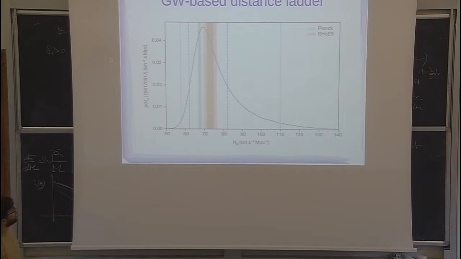And of course, once you pinpoint a source in the sky, you can measure its redshift electromagnetically. So in the case in particular of the neutron star event, they could measure the redshift of the source, and then the gravitational wave signal gives you the luminosity distance.